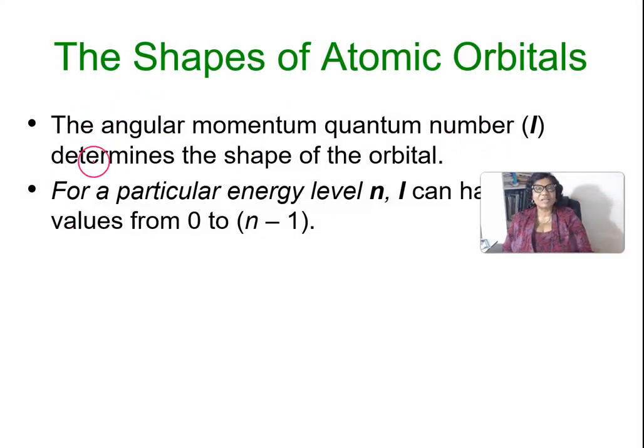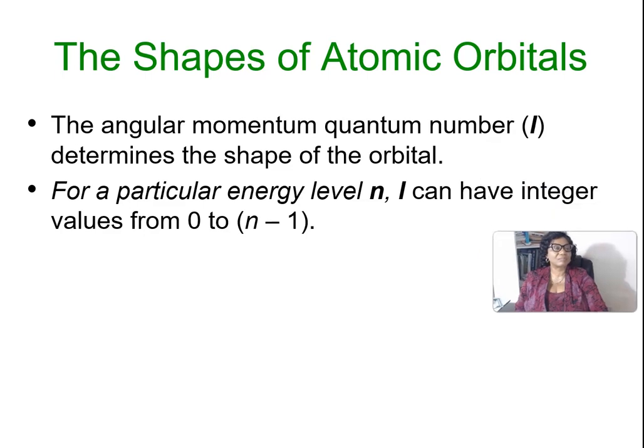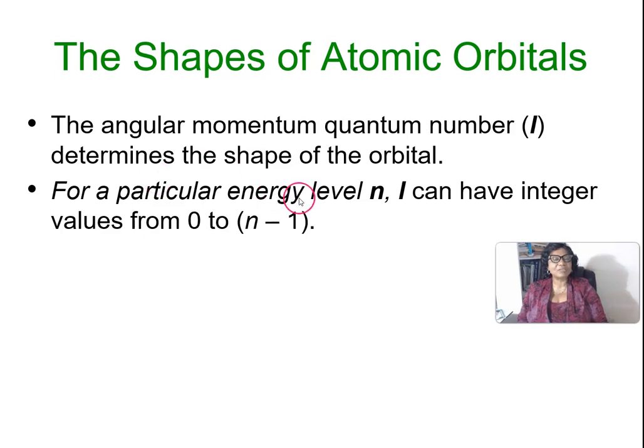Shape of orbitals. The angular momentum quantum number l determines the shape of orbitals. For a particular energy level n, l can have integer values from 0 to n minus 1. We've talked about this.